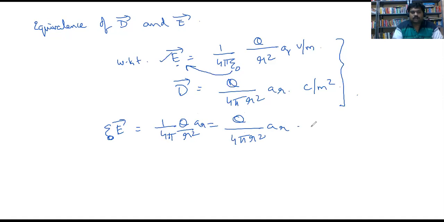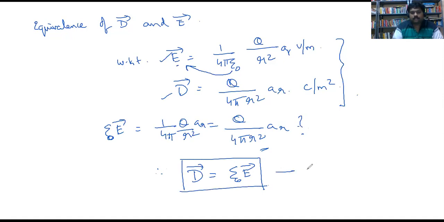So what have we arrived at? This is nothing but the flux density equation. Therefore, flux density D equals epsilon naught into E. So this is an important relation.